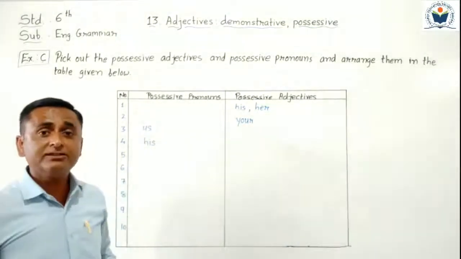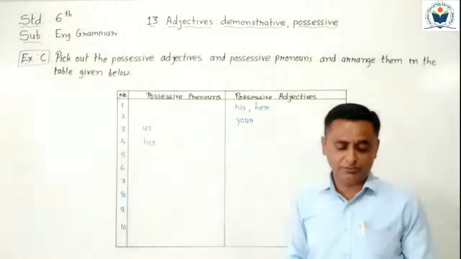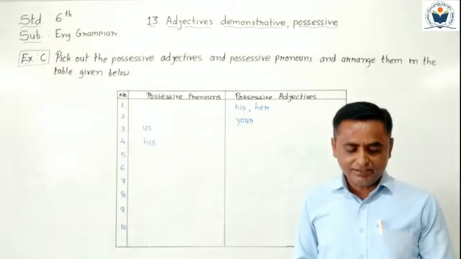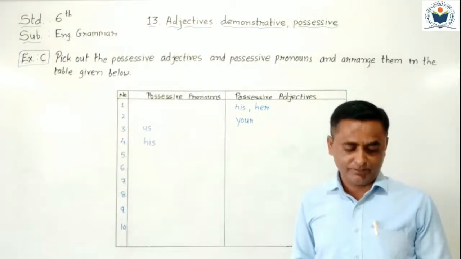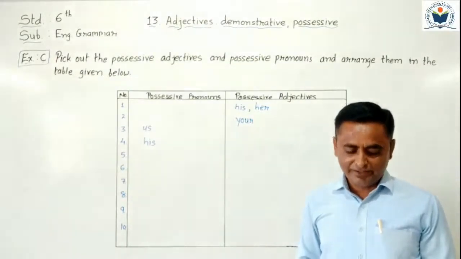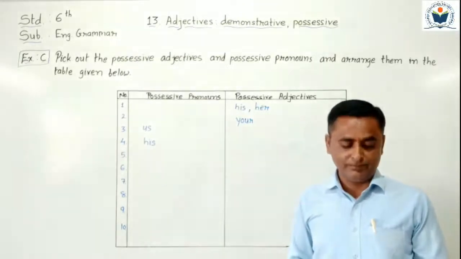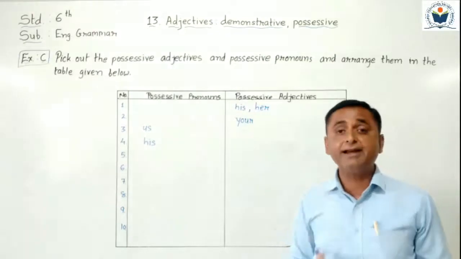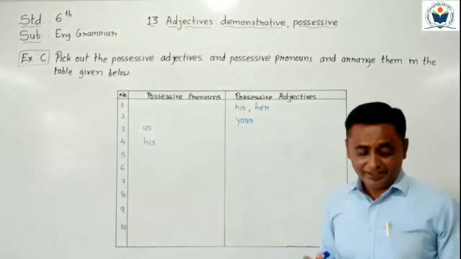Now the fifth sentence we have to understand. The fifth sentence is given here: my decisions, whether right or wrong, are mine and mine alone. The first word is my. After my, the noun decisions follows.